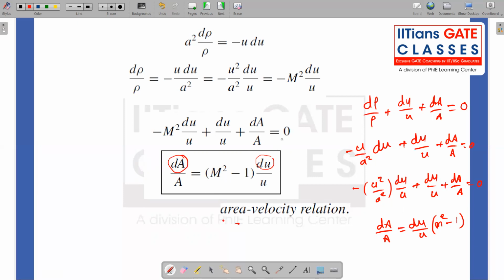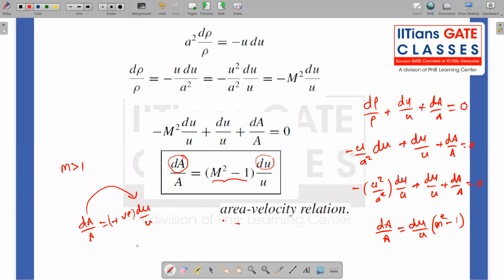Look at this very carefully. Say I have a Mach number greater than 1. Then M square minus 1 is positive, right? So dA by A is equal to some positive number times du by u, right? So for a change in area, I am expecting a similar change in velocity.